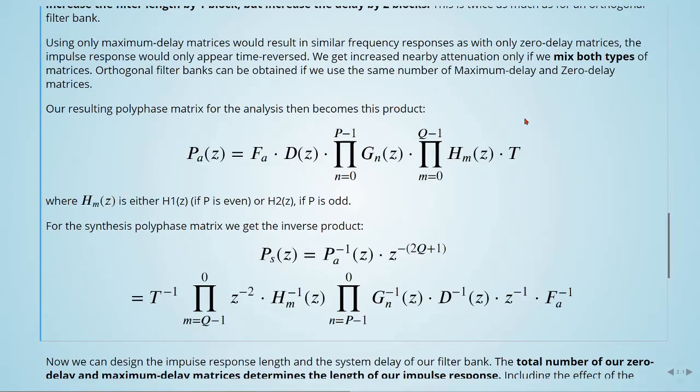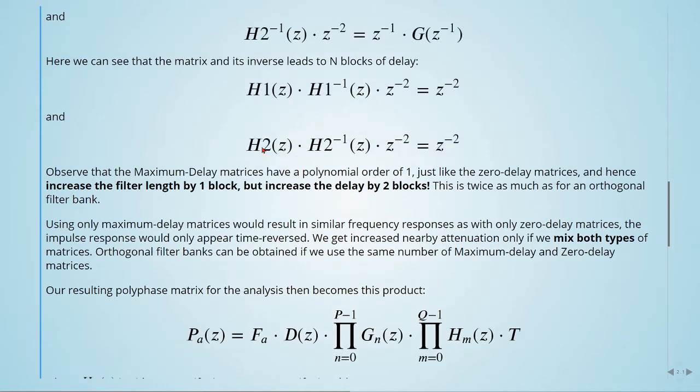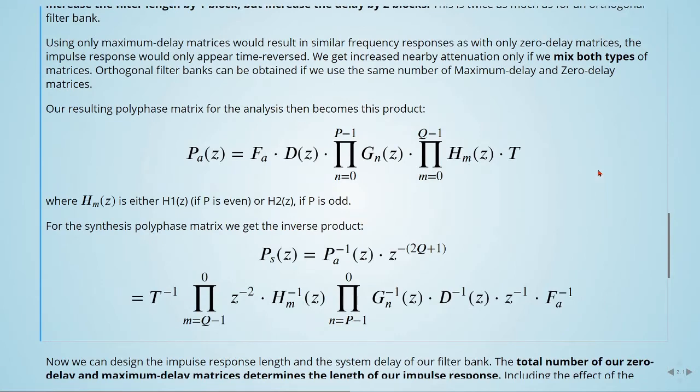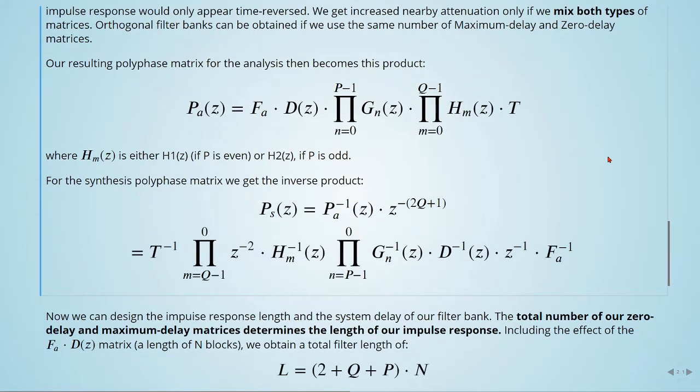Our resulting polyphase matrix for the analysis then becomes this product, given here, where H of M is either the H1 of Z if B is even, or H2 of Z if B is odd. For the synthesis polyphase matrix, we get the inverse product, and the result is given here.